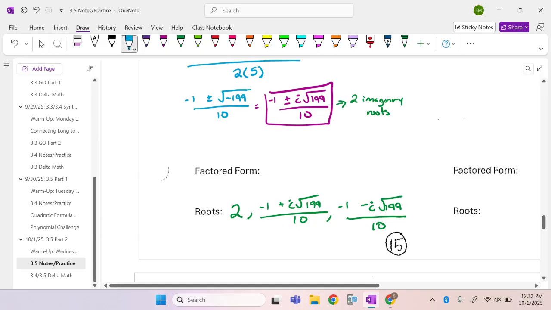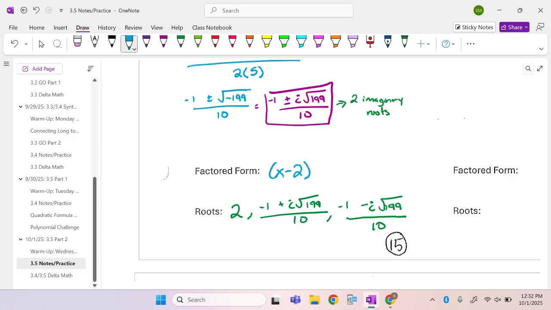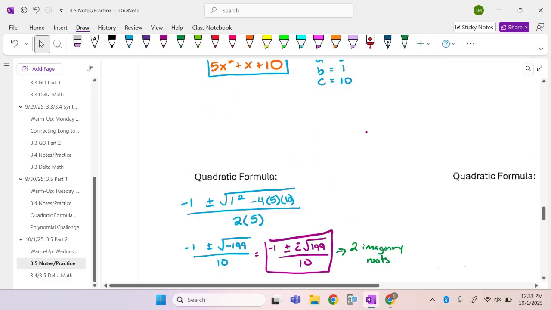All right, so factor form. So, what is 2 as a factor? So the root of 2, what is it as a factor? X minus 2. Now, here's the great thing. We're not going to write the 2 imaginary roots as like a weird factor. We technically already found the other factor.